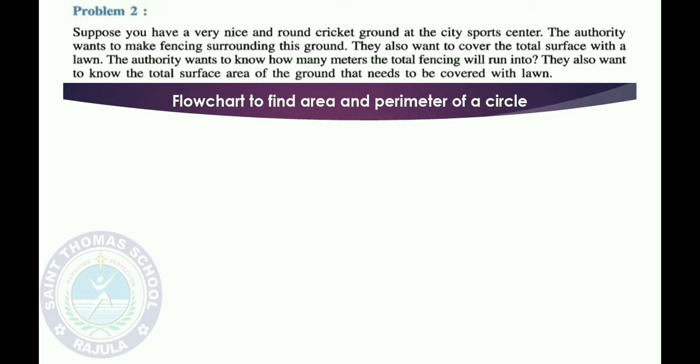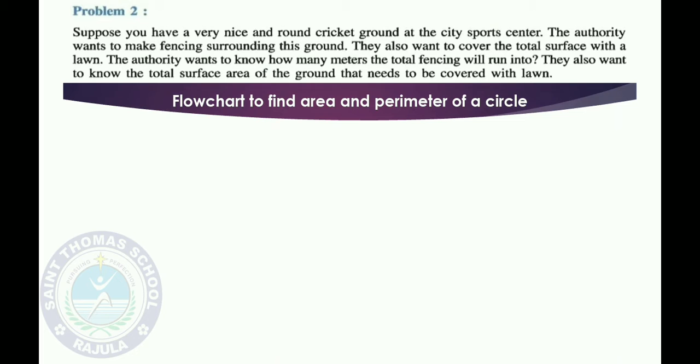So the authority wants to know how many meters the total fencing will run into, and they also want to know the total surface area of the ground that needs to be covered with the lawn. So to solve this problem, we need to find the area and perimeter of the ground.